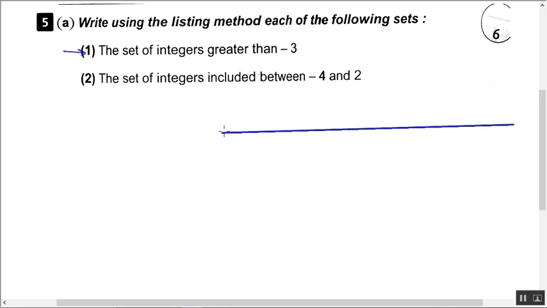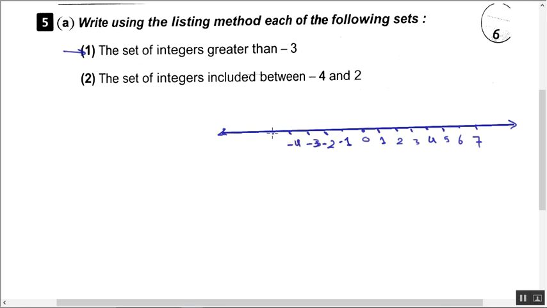Here 0, 1, 2, 3, 4, 5, 6, 7, and so on. We prefer to use the number line to find the solution. Here -2, -3, -4, and so on.